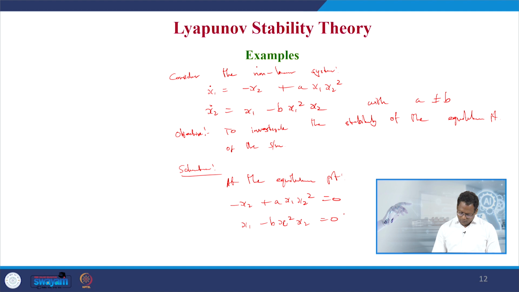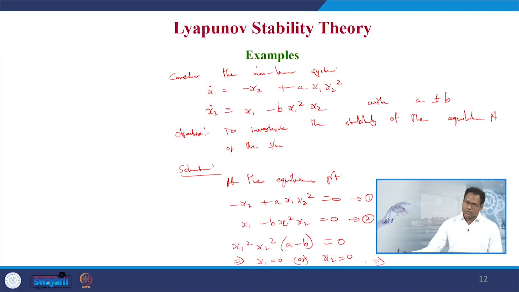Okay. Now, multiply equation 1 by x1 and multiply equation 2 by x2 and sum them. That gives x1 square x2 square into a minus b equal to 0, from which x1 equal to 0 or x2 equal to 0.